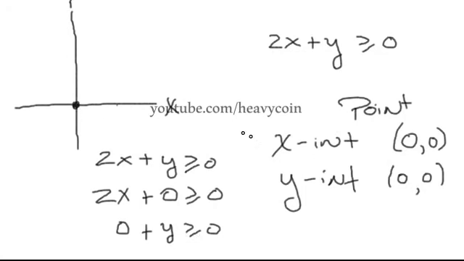Alright. Well, we know that the graph crosses right here at the origin, and it's going to end up having a slope of -2. That's if you were to solve for y in this problem, which would end up being y is equal to -2x.